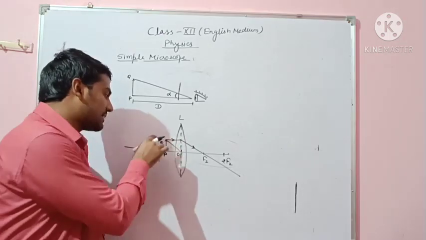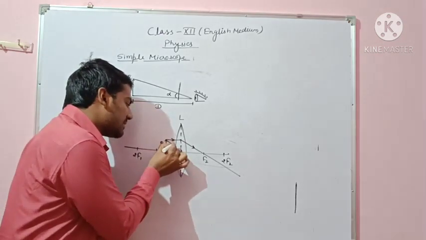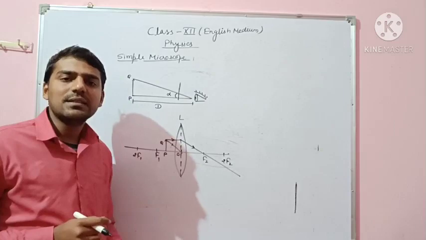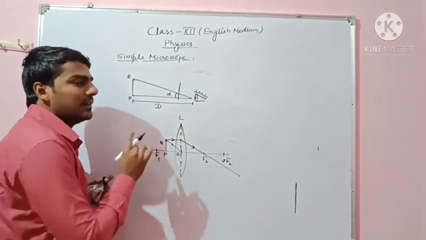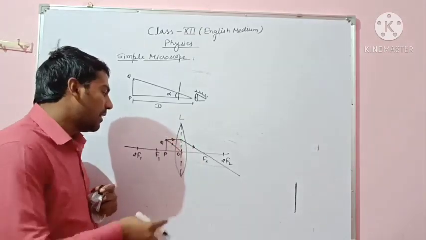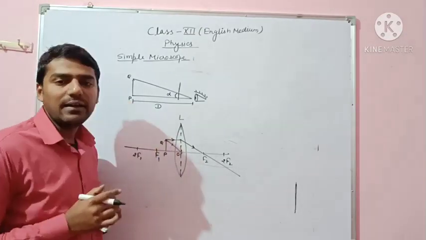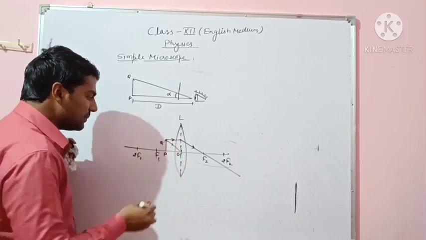After refraction, it does not change its path, meaning the path of the light ray after refraction is the same as before refraction.